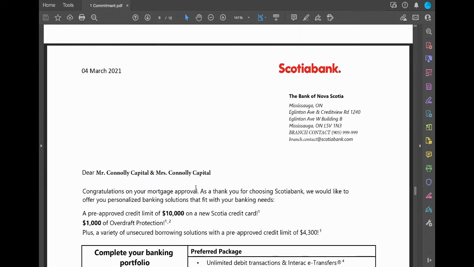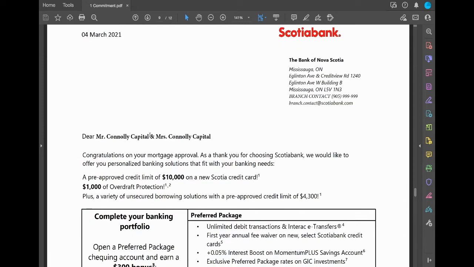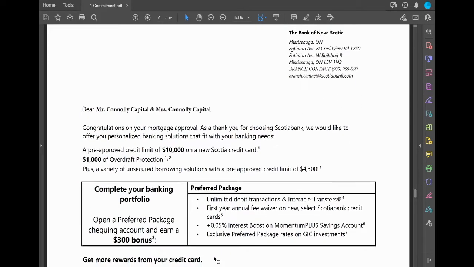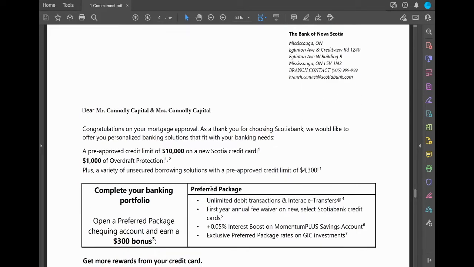Finally, each Scotiabank commitment comes with a branch meeting. This branch meeting is if you choose to open Scotiabank products such as chequing, savings, or investment accounts. Each offer and each mortgage has a different pre-approved package. So in this case, the client was pre-approved for a new credit card of $10,000 and overdraft protection.